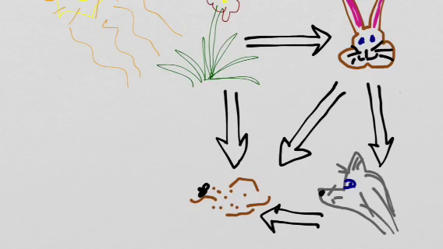So here we've got our producers, our herbivores, our carnivores, and our decomposers.